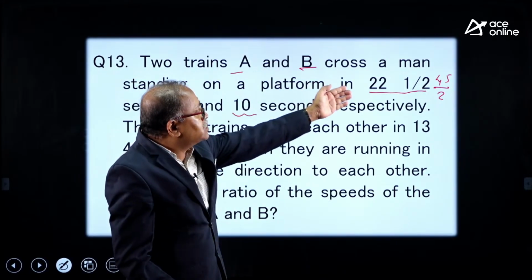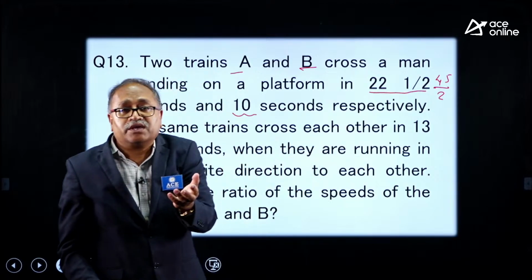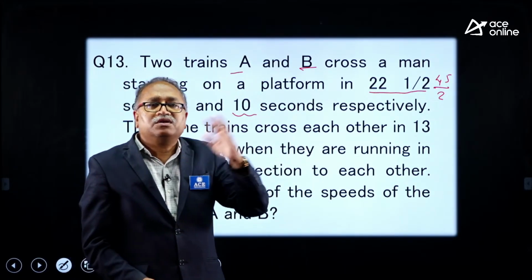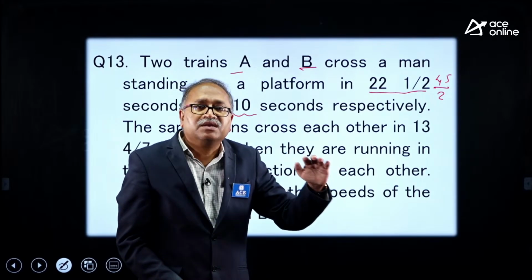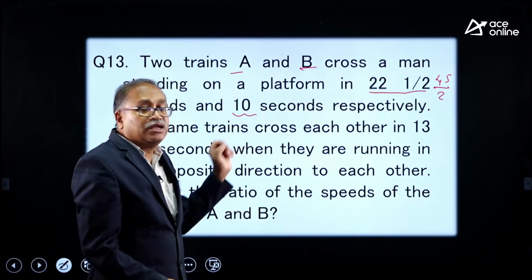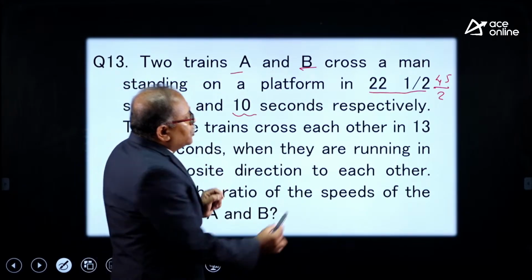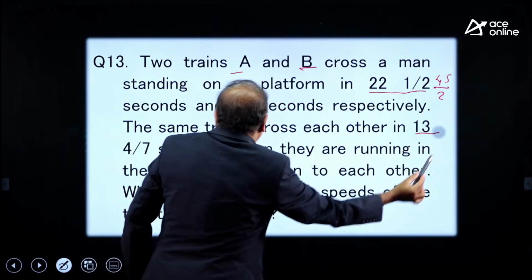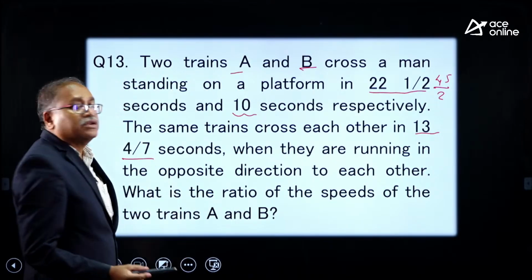The first train is crossing the man in 45 by 2 seconds. It is possible that its length is more, or it is possible that its speed is less, therefore it is taking more time than the other train B. Now, the same trains cross each other in 13 4 by 7 seconds.